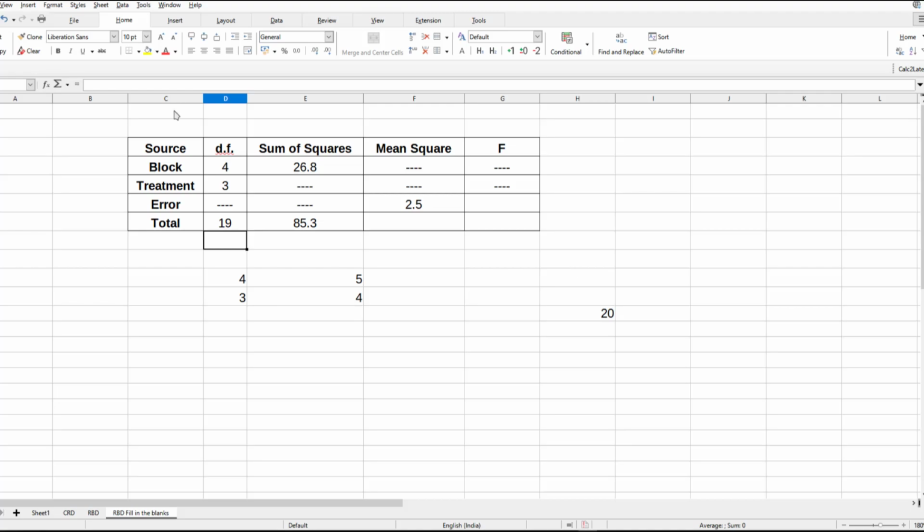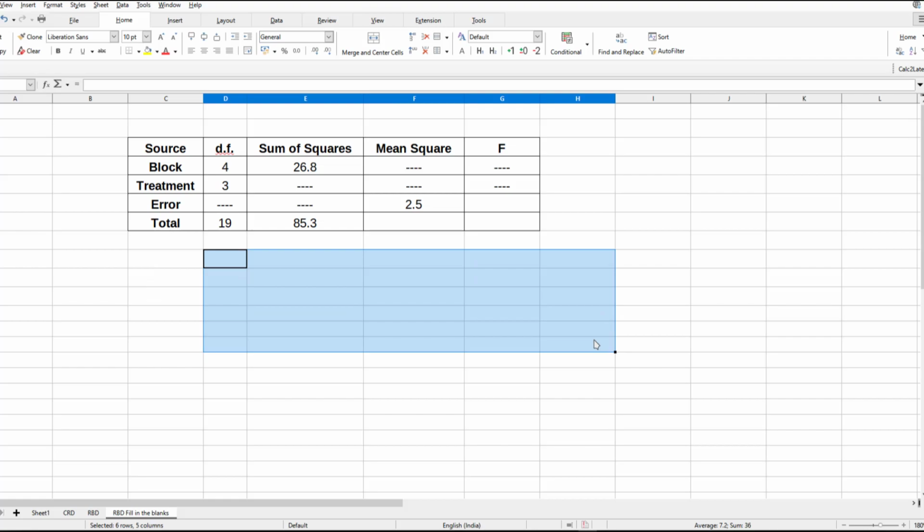How did we get this? From the degrees of freedom for block, we find out how many blocks there are by adding 1. From the degrees of freedom for treatments, we find out how many treatments there are by adding 1. We found that there are 5 blocks and 4 treatments. When you multiply these, you get the total number of observations, which is 20. If you subtract 1 from that, you get the degrees of freedom for total, right?